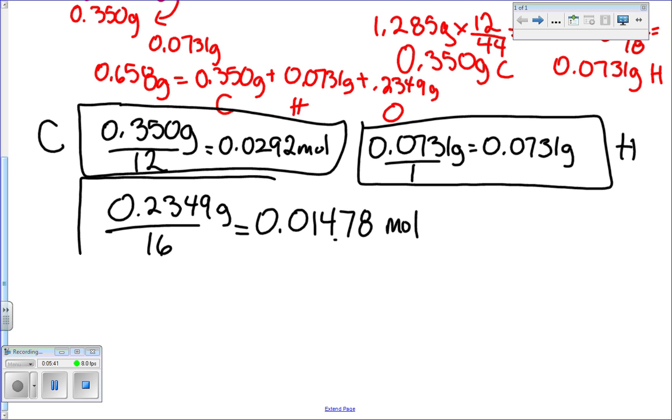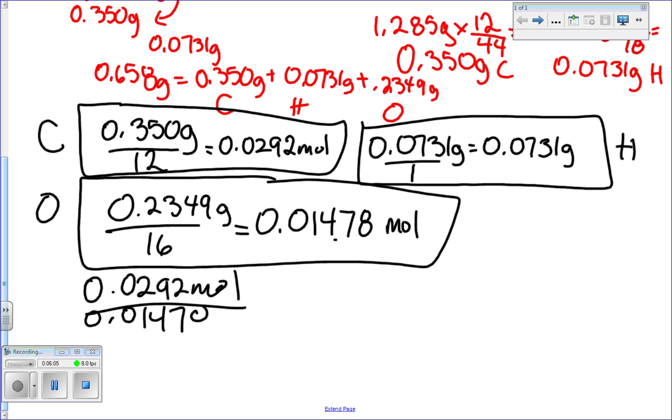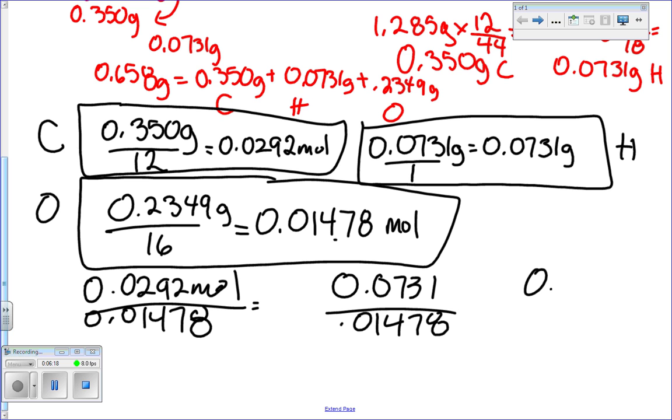So now I have my three values, and what I'm going to do is pick the smallest. I see that 0.01468 is the smallest, so I'm going to divide everybody by that. My carbon divided by the smallest, my hydrogen divided by the smallest, and my oxygen divided by itself.